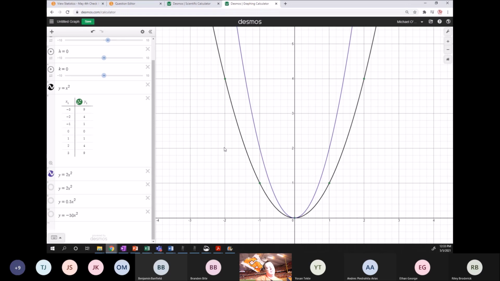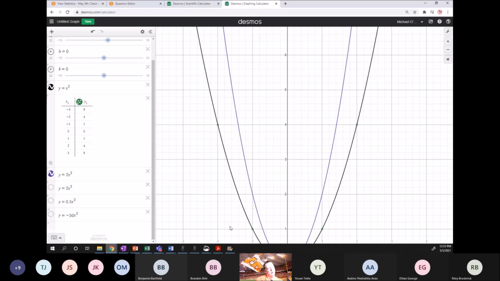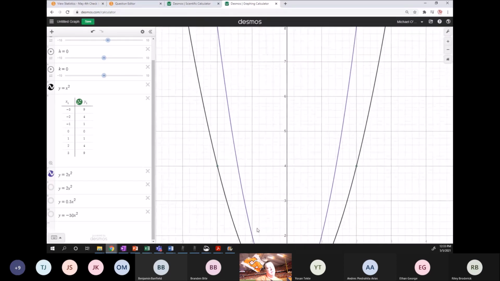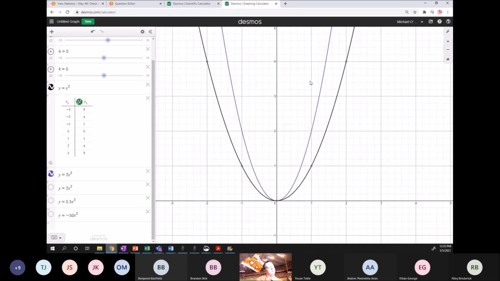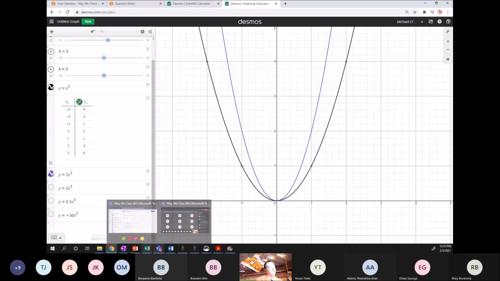Now we go over 1 this time. Before it was over 1, up 3. But this time it's over 1, up 6. 1, 2, 3, 4, 5, 6. So Farley discovered when you change the A value, your step pattern changes by that much.